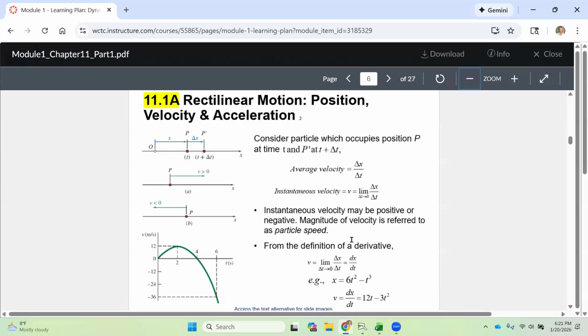Now, instantaneous velocity can be positive or negative, depending on direction. Velocity is a vector, so based on that direction, we can define if it's positive or negative. That would be set by a convention that we define at the beginning of a problem. To determine the equation that defines the velocity portion of the motion, we take the first derivative of the position.